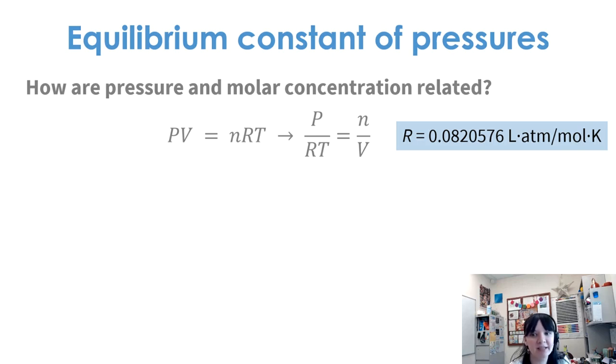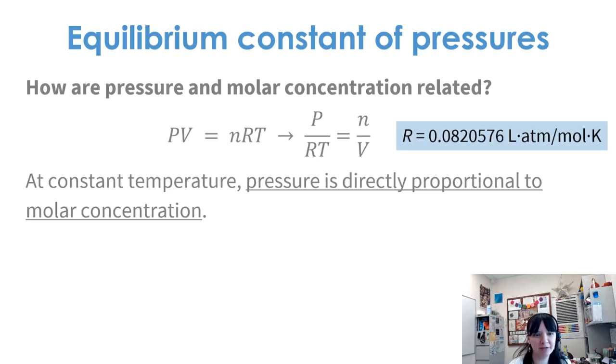This is the R that we usually consider when using the ideal gas law and derivations of the ideal gas law. But this rearrangement shows that relationship between pressure and molarity. Basically, if you have a constant temperature, you can see how as pressure increases, molarity increases. They are directly proportional to one another.